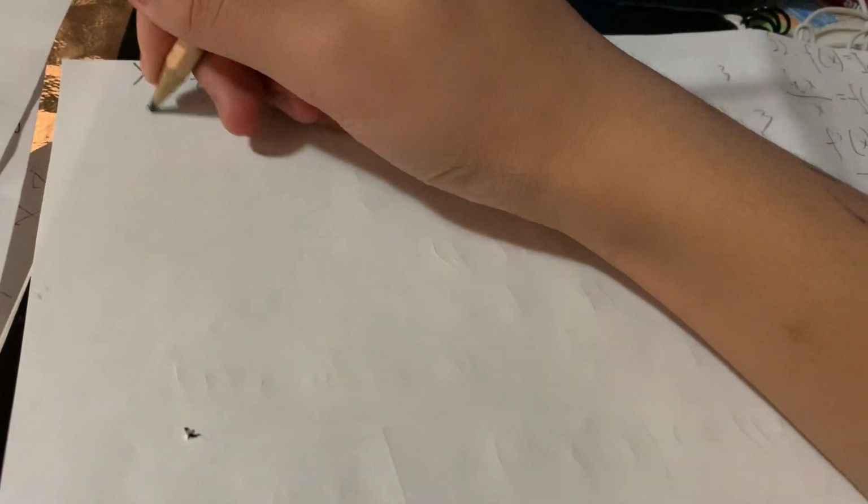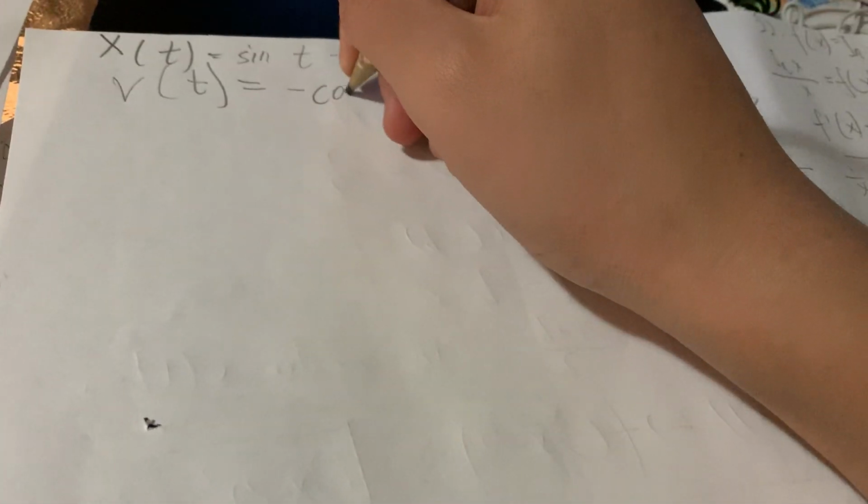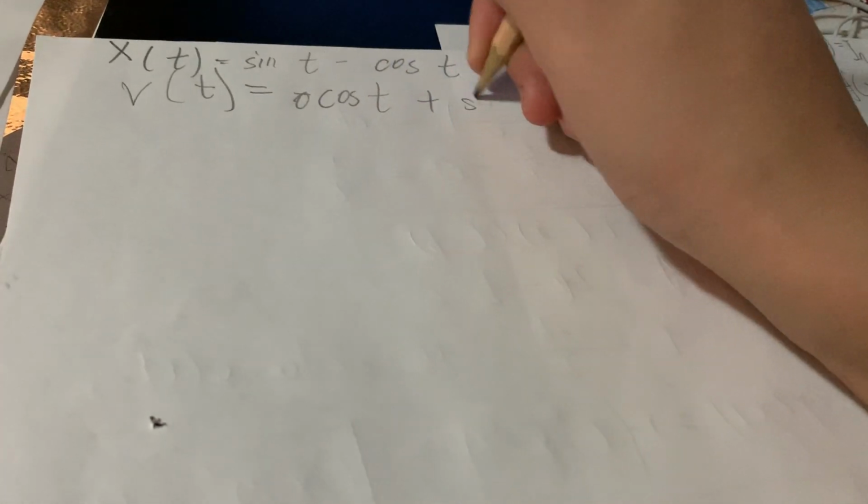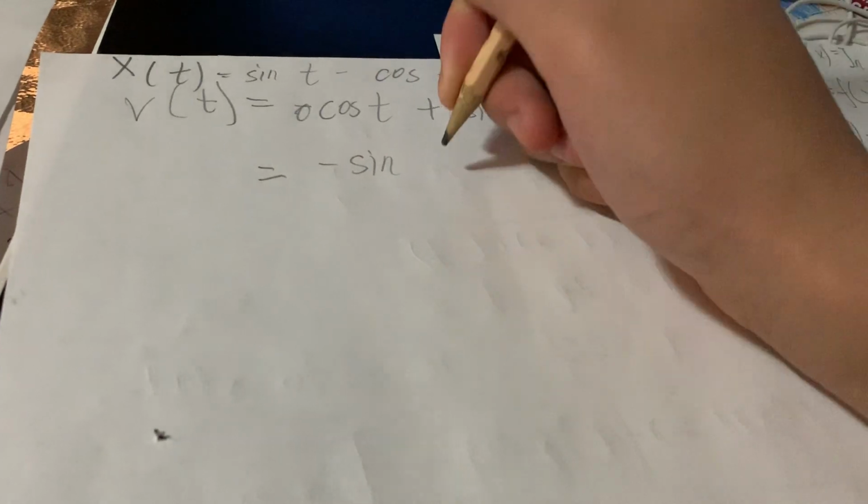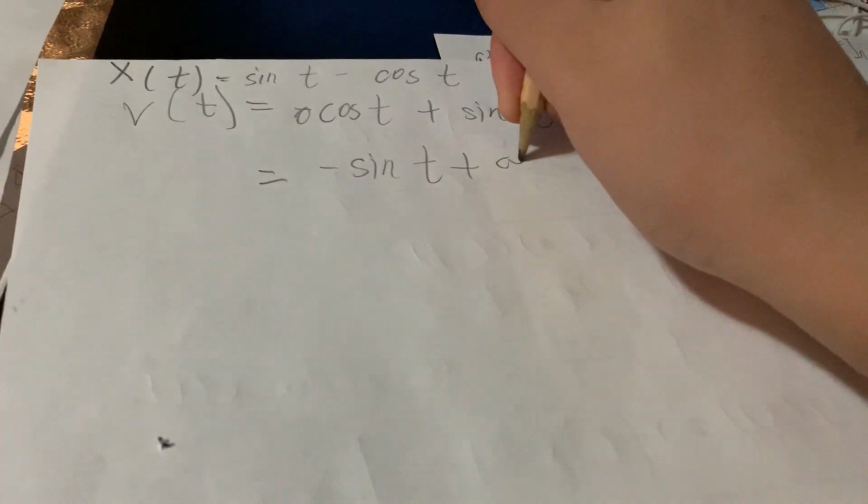Okay, we tried this. Velocity v of t is equal to negative cos t, sorry, sine t plus cos t, and the acceleration is going to be negative sine t plus cos t.